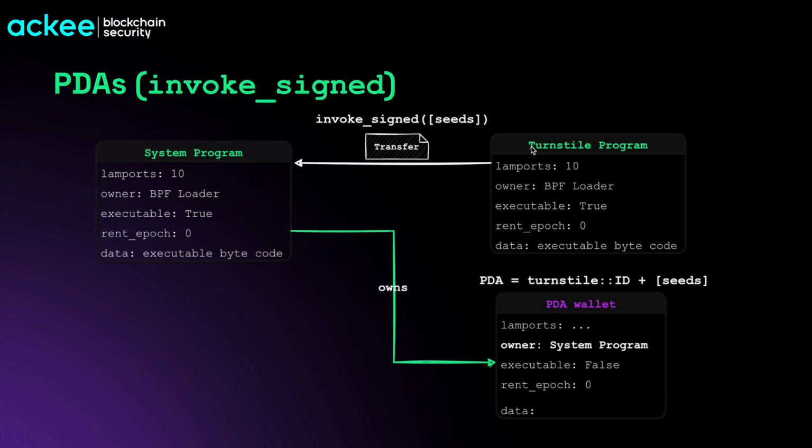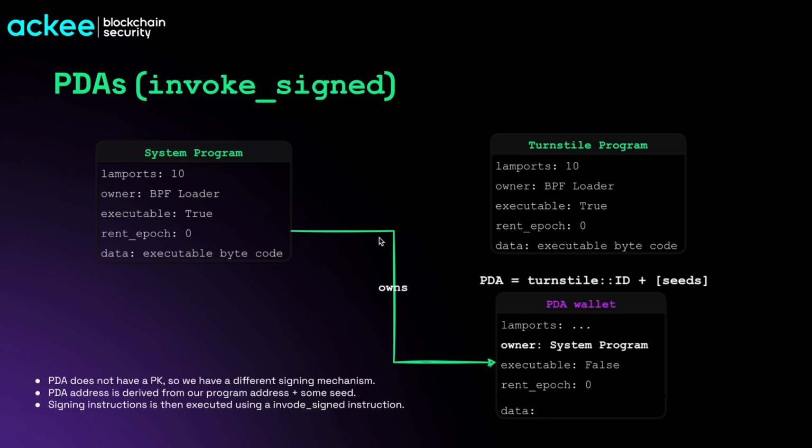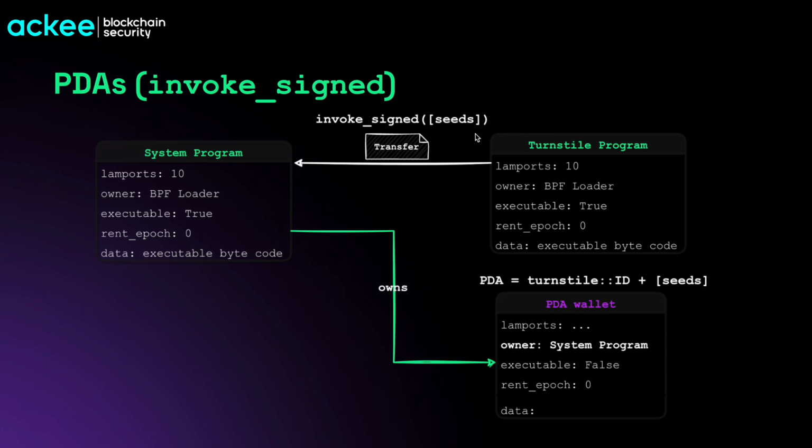So that means our program is calling the invoke sign function to the System Program, and we supply the seeds of the PDA account or the PDA wallet that we want to subtract from. The System Program can verify from the actual PDA address if the program owns that particular PDA wallet and execute that transaction on behalf of our program.